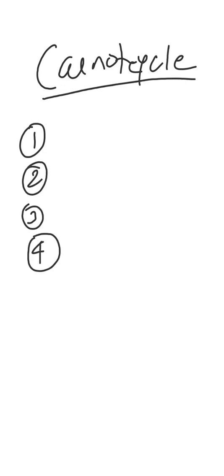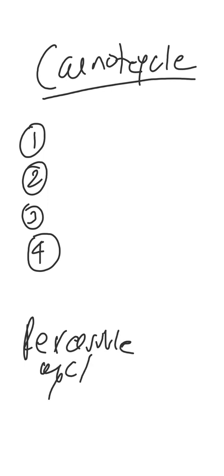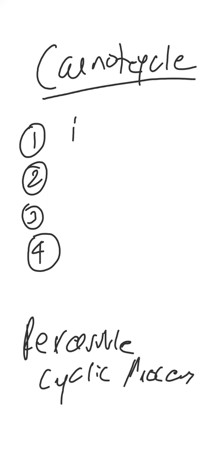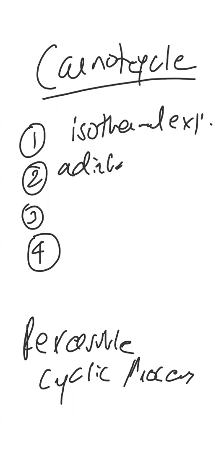Carnot cycle is composed of four processes. It's a cyclic process, a reversible cyclic process. All the processes are reversible in nature. First is isothermal expansion. Second is adiabatic expansion. Third is isothermal compression.